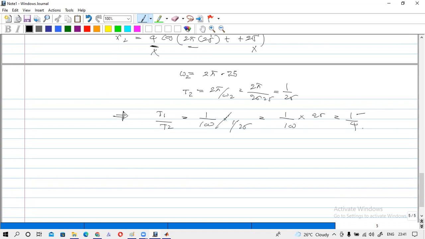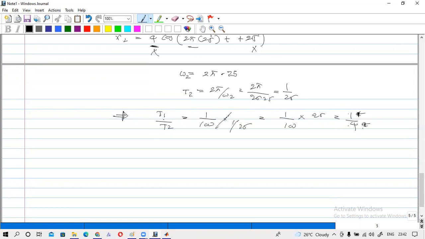Okay, so you can see that you have two integers here, the up and the down, both terms are integer values. If the ratio is made of integer values like this, we call it a periodic signal.